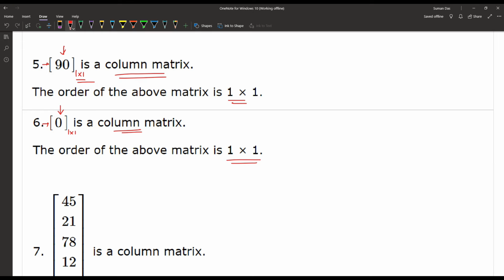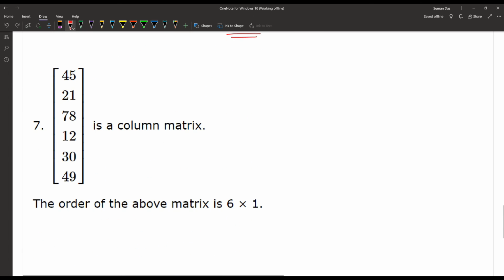Now we may also say that matrix is a row matrix, as we described earlier. So a 1 cross 1 matrix is particularly an example of a row matrix and also a column matrix.